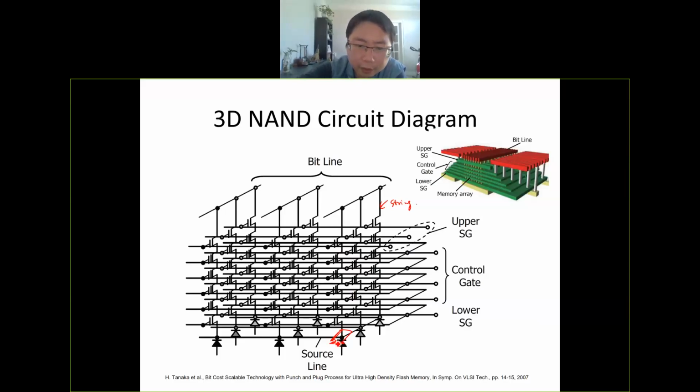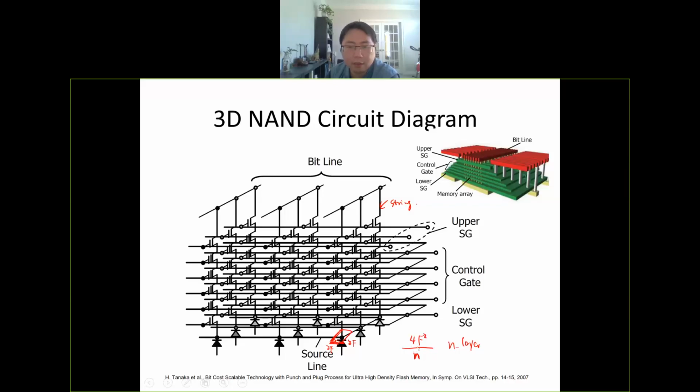So equivalently, you are going to scale the space. Let's say each string occupies 2F by 2F space, where F is your feature size, the minimal size. So each string will occupy 4F squared. And if you have N layers, you are going to reduce the effective area for one floating gate transistor by this number N.